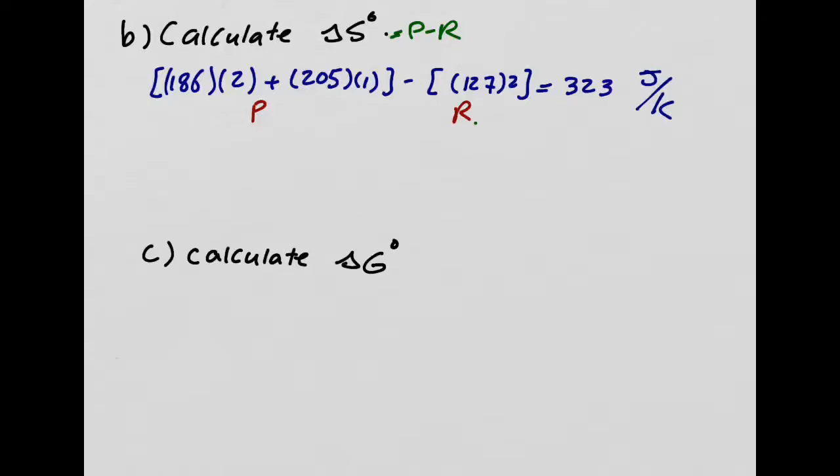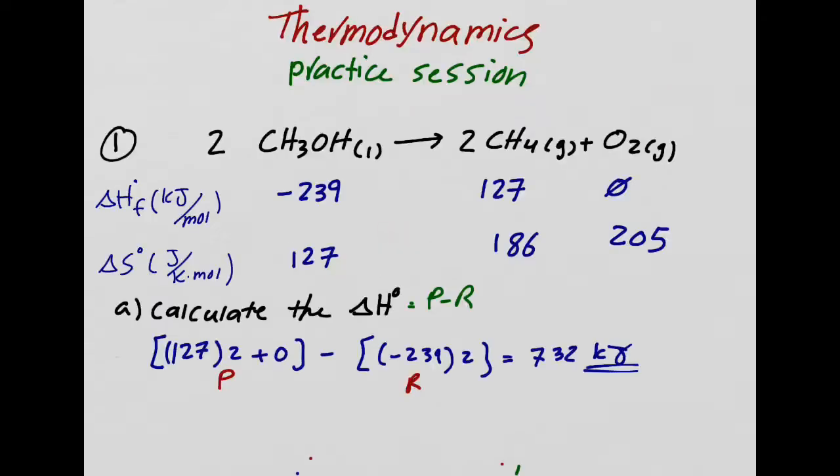Now, I ask you to calculate the delta G. I didn't give you all the delta G values to do product minus reactant. That's okay. That's one way to do it.